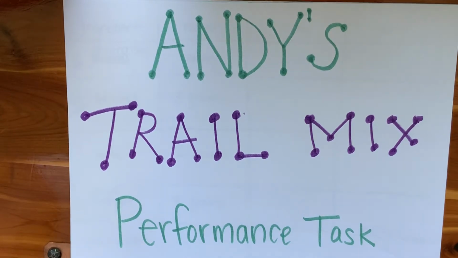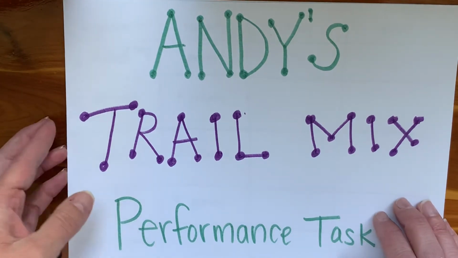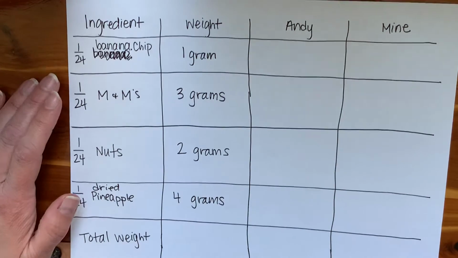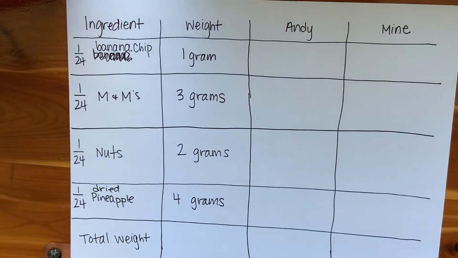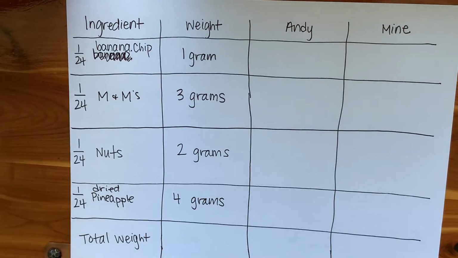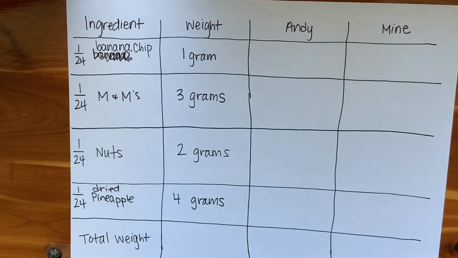I'm going to show you a chart that I quickly drew up on a piece of paper, and you're going to want to copy this chart down. It has 4 columns and 6 rows, one for heading and one for total weight at the bottom.